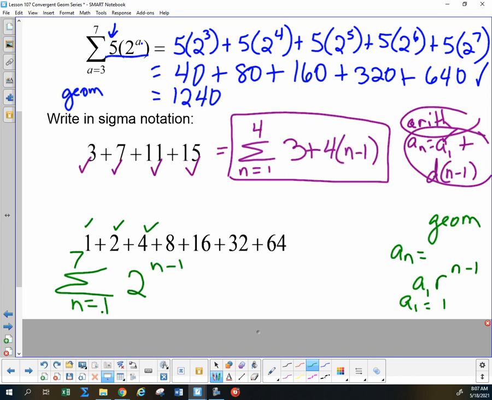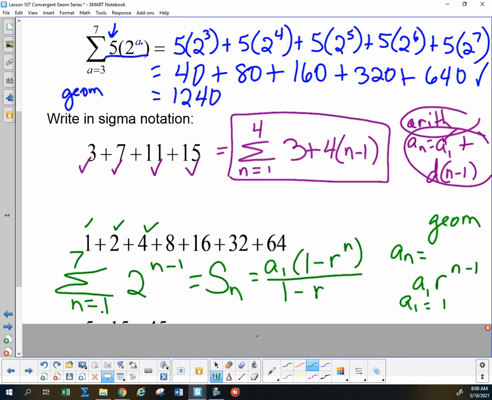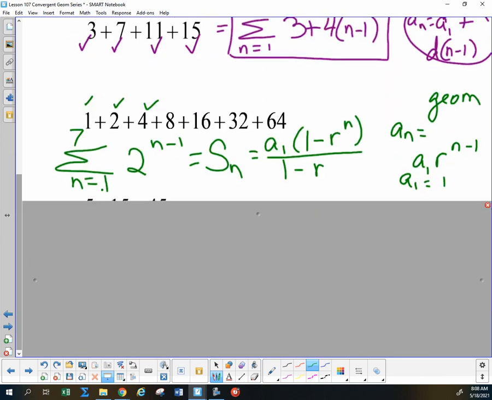Now let's go to what Ryan was thinking I was asking there. Let's do the sum of this one with that formula. Since it's finite, we've got our formula for that, and that was the first term times 1 minus r to the n over 1 minus r. Let's see if we're going to get something that will make sense with this.